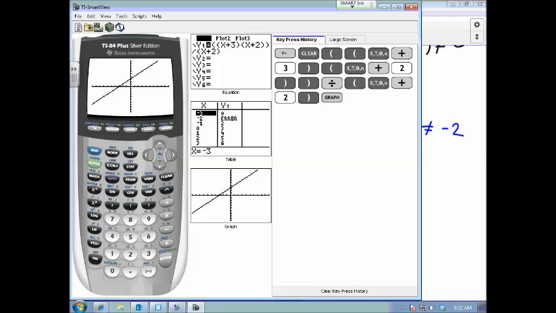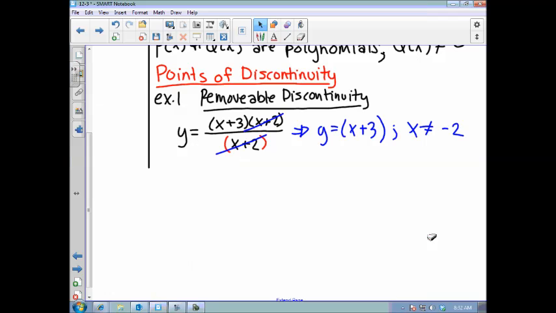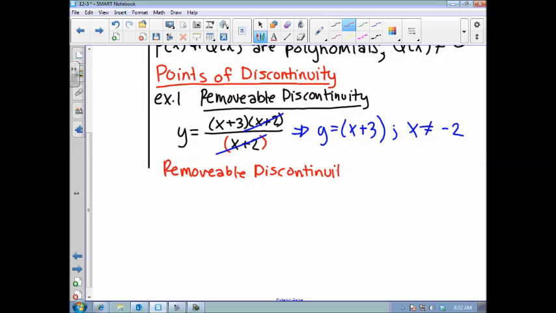Because this is called a removable discontinuity, right? It's removable because we're able to cancel it out. Okay, so if it cancels, that's a removable discontinuity. So we have a removable discontinuity at x equals -2.